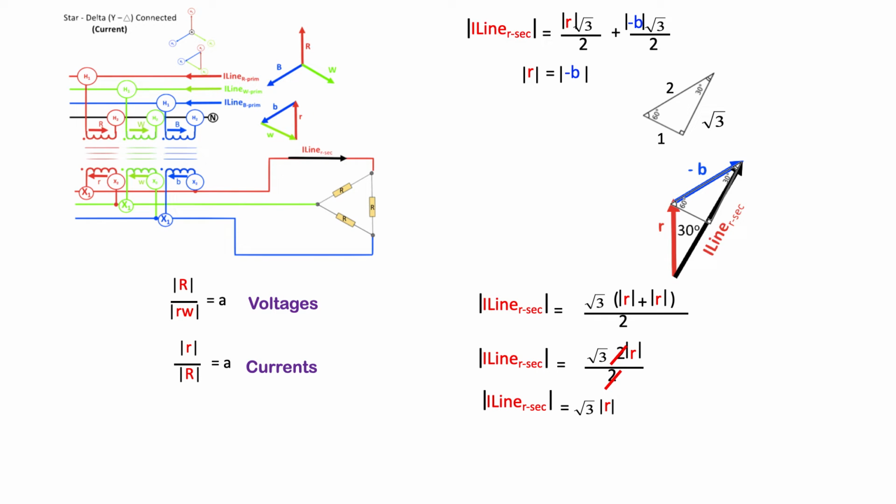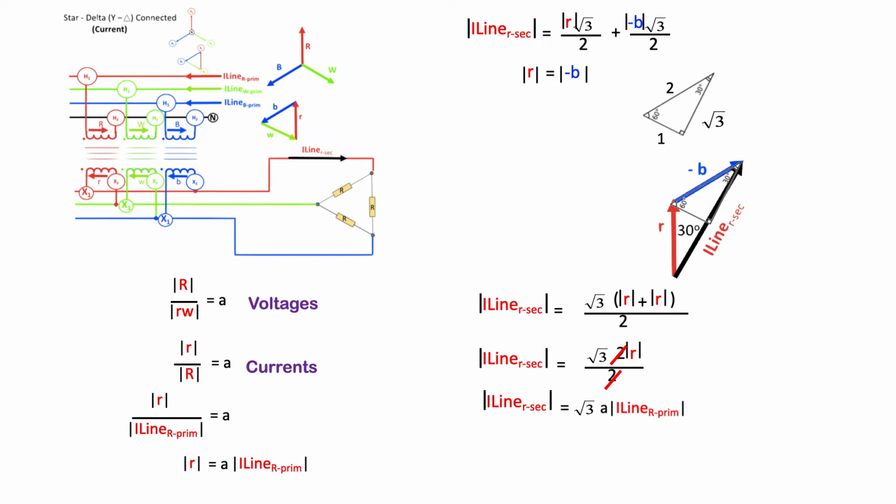So I'm going to replace the capital R with the magnitude I line R primed, and rewrite the equation so that I have the lowercase r magnitude on the left-hand side, because now I want to go across to the other side of this slide and replace the lowercase r magnitude in the last formula that we developed.